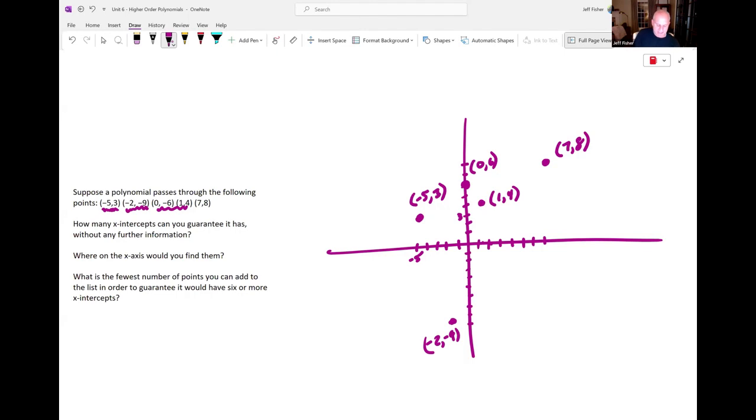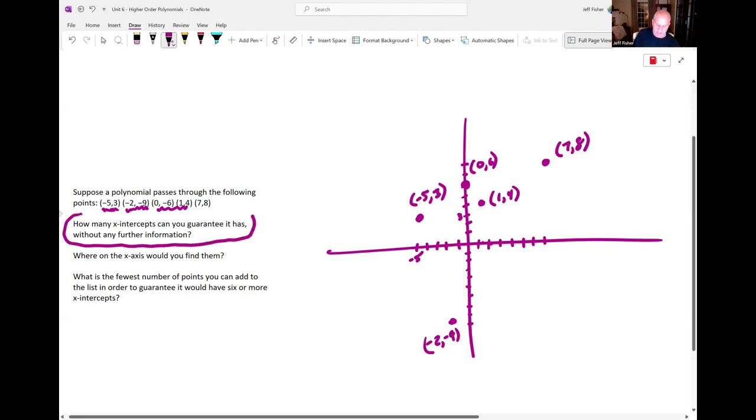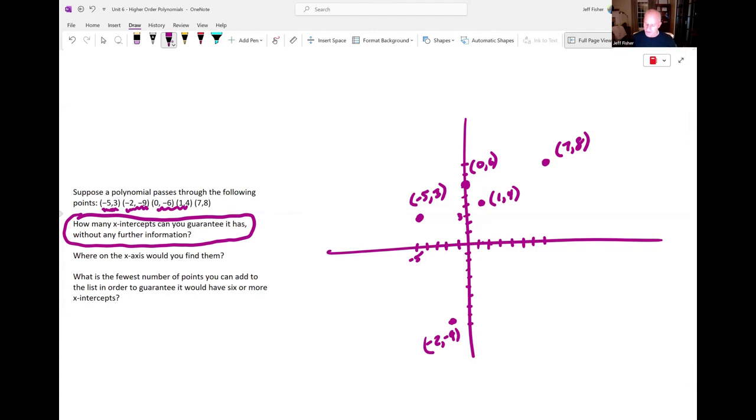And then the question asks, how many x-intercepts can you guarantee it has without any other information? Well, we have to connect the dots. We have to connect these points. So if I draw a graph through these points, going left to right, we're connecting this guy to this guy, to this guy, and then eventually to this guy.